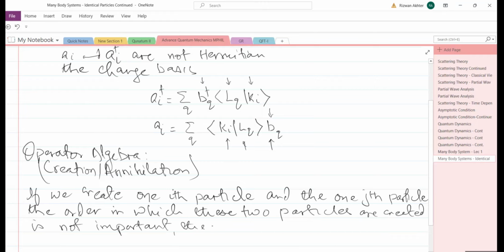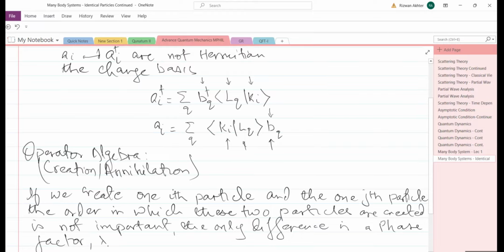The only difference is a phase factor, and let's say we call it lambda.